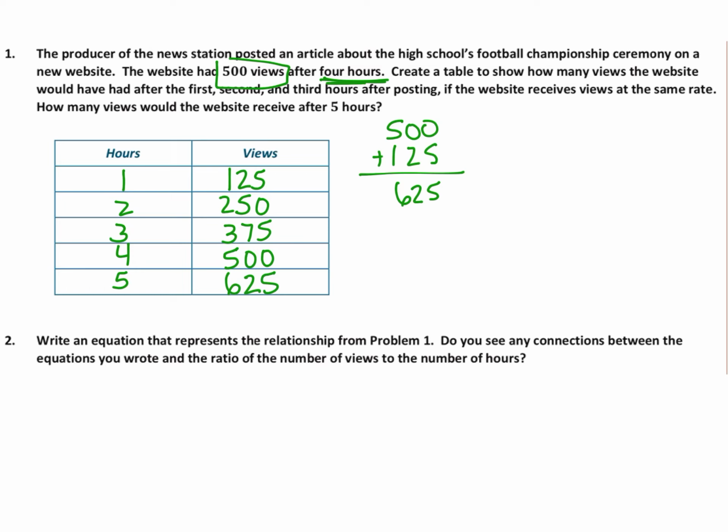Number 2 says write an equation to represent the relationship from problem 1. Do you see any connections between the equations you wrote and the ratio of the number of views to the number of hours? We're going to use V and H. So, we take the hours and we multiply them by 125, and that tells us how many views.